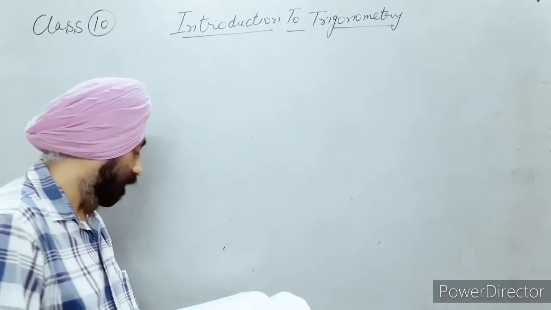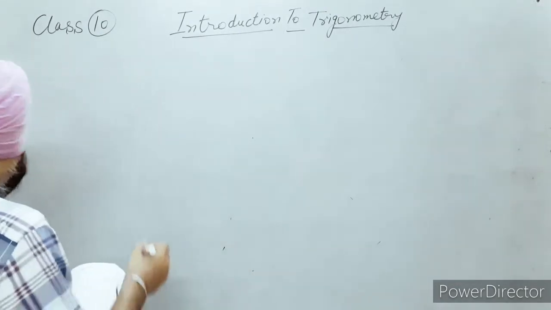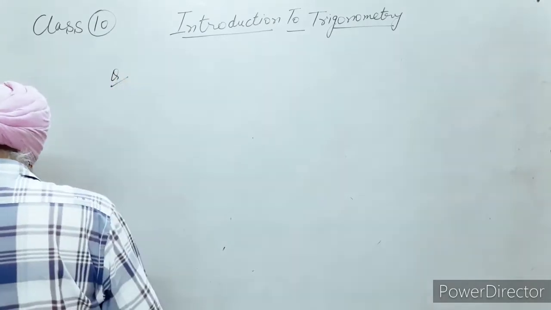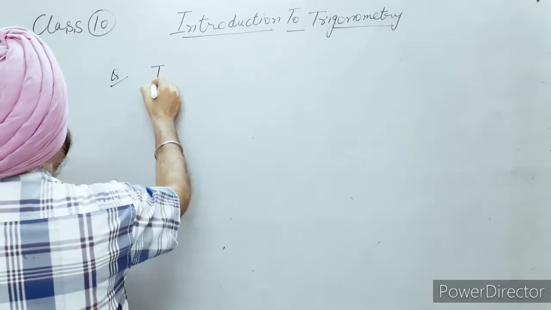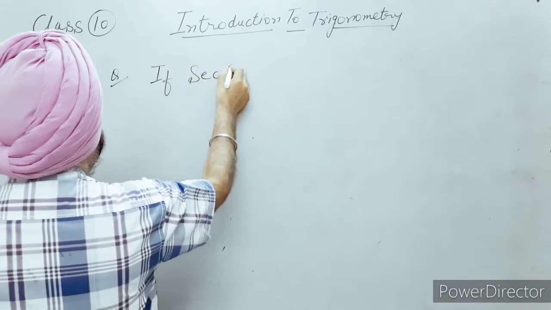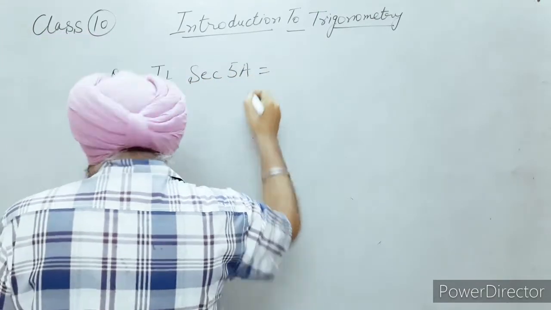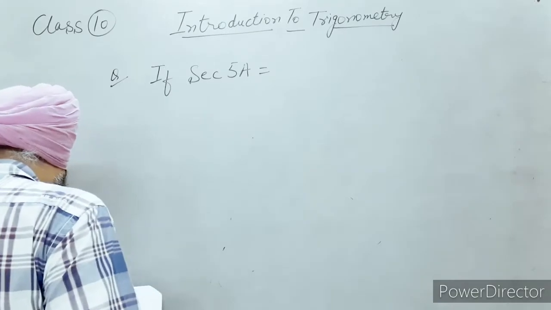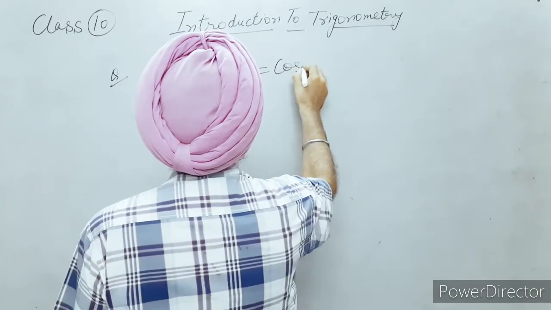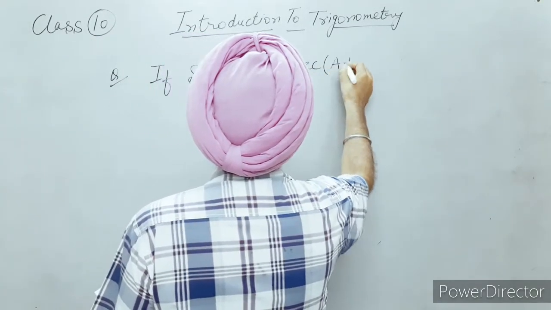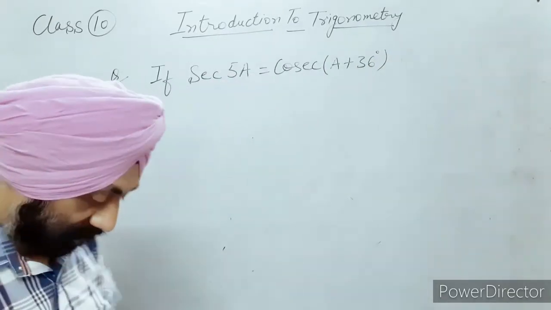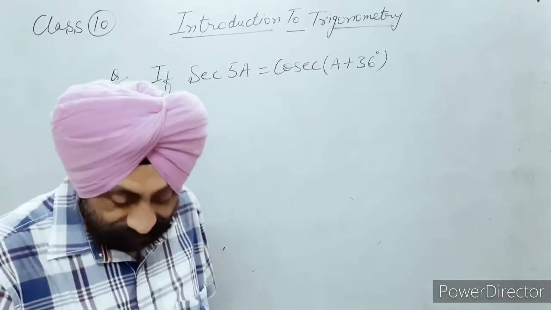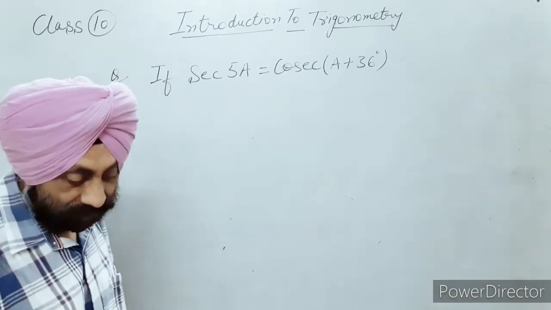Now, last of this kind, the question is: if secant 5a equals cosecant of a plus 36 degrees, where 5a is an acute angle, find the value of a.